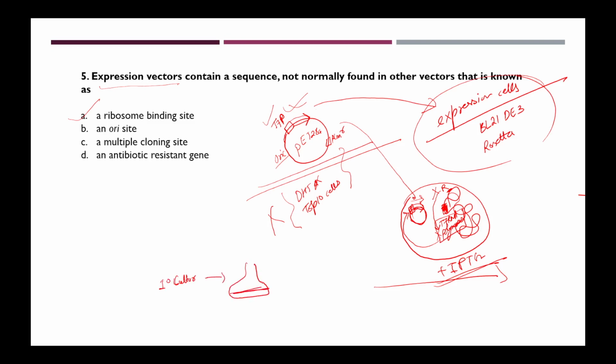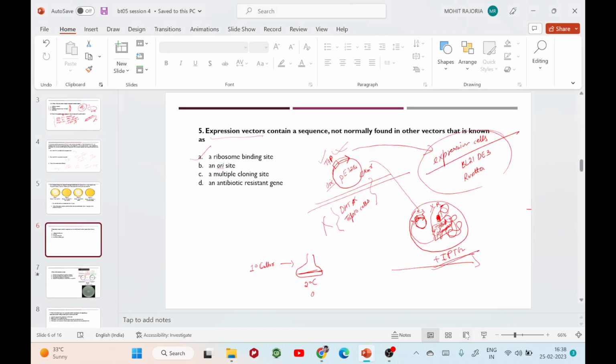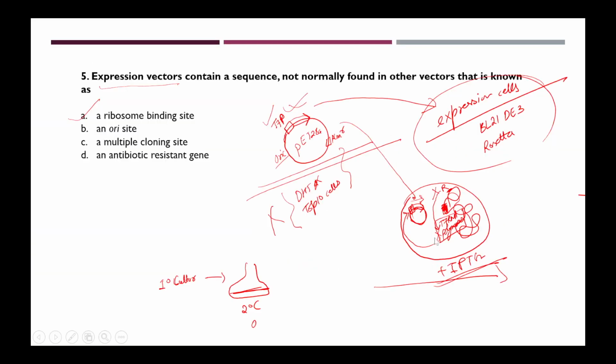Then we allow this secondary culture to grow to an optimum OD, 0.6 to 0.8. And when our OD reaches 0.6 to 0.8, then only we add the IPTG to the cells.